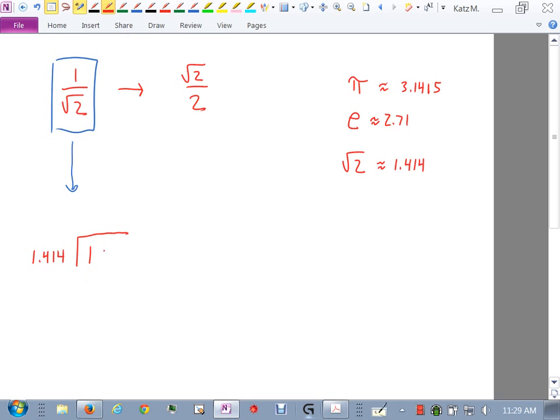It doesn't, so I put a decimal and then a 0. Then how many times does 1.414 go into 10? I don't know. You're not allowed to use a calculator. Okay, so screw that. Let's go to this.